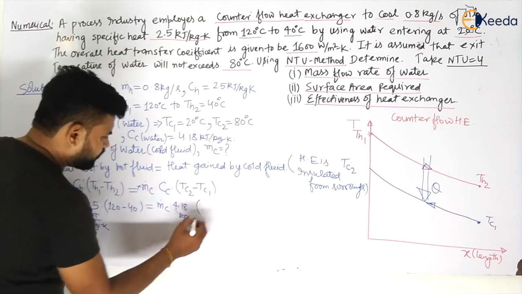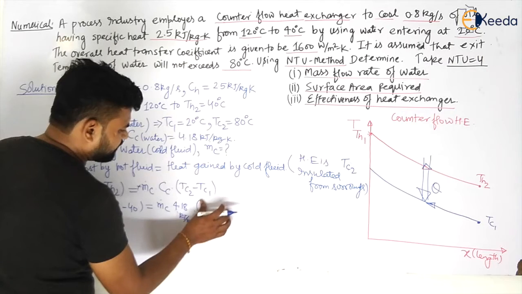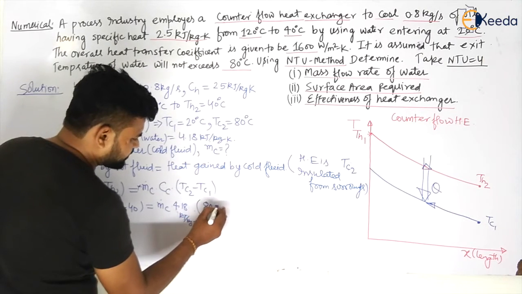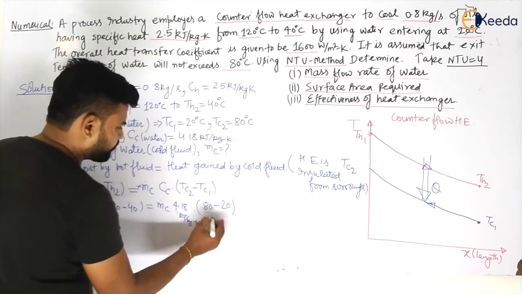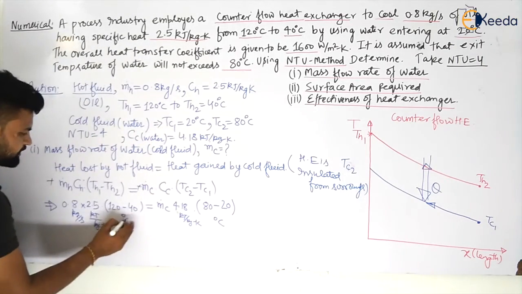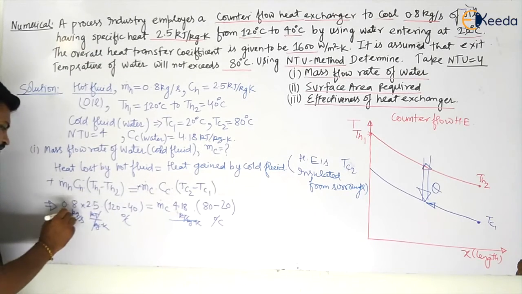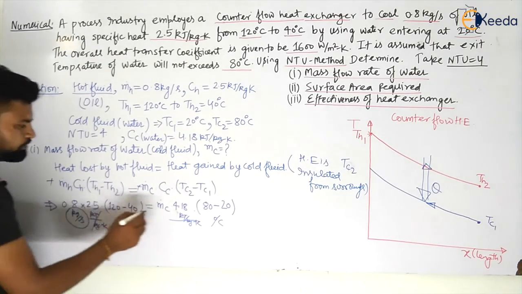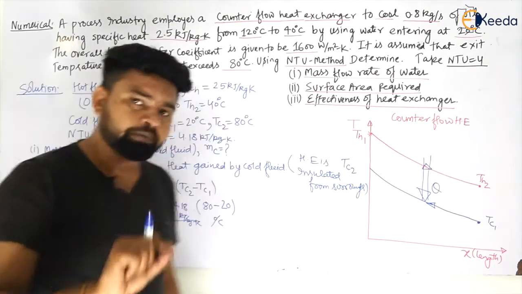Very good. Now Tc2 minus Tc1. He has already given Tc2, which is 80 degrees Celsius, minus Tc1, which is 20 degrees Celsius. The degrees Celsius cancel out, and the kilojoule per kg Kelvin cancels out, so the remaining unit is kg per second. So the mass flow rate of the cold fluid comes in kg per second.